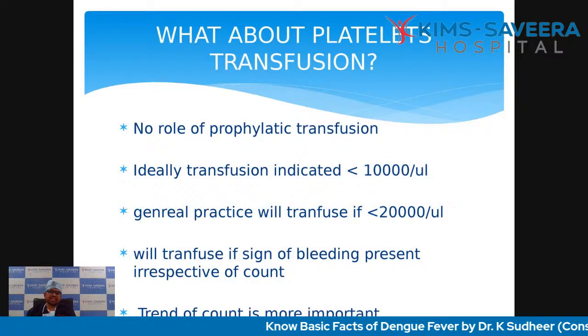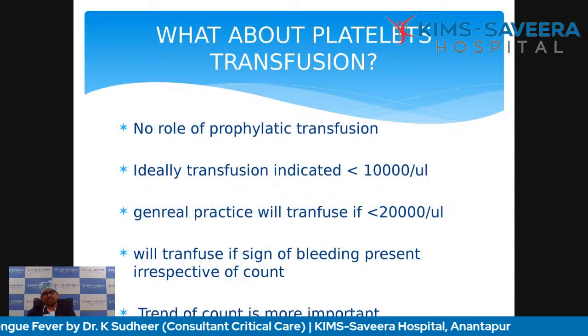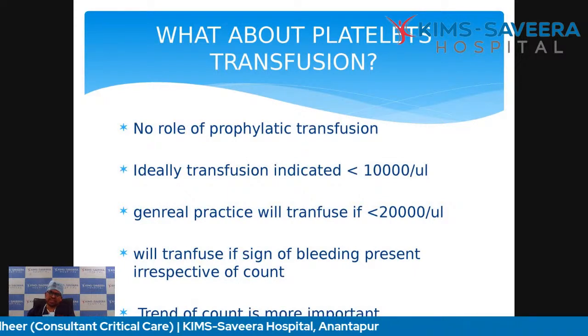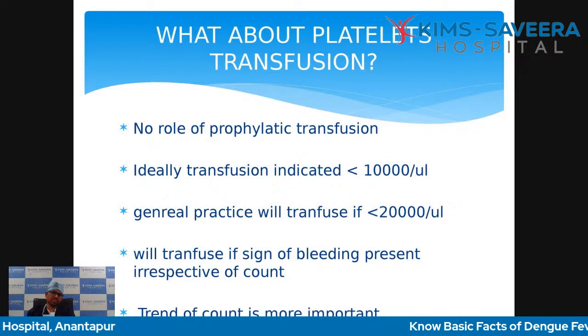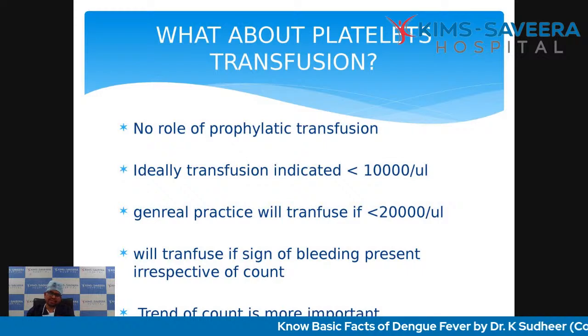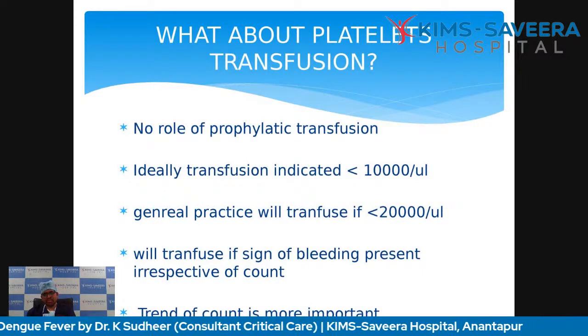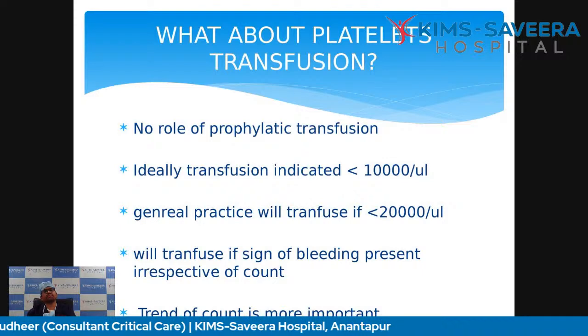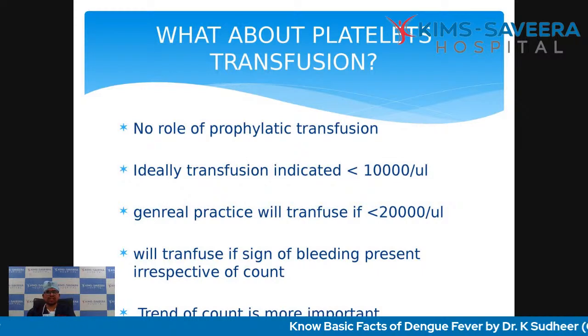See, the trend of platelet count is more important than the individual count. If in the morning the platelet count is, for example, 75,000, and by evening it has drastically come down to 30,000, that is more worrisome than the value of 30,000 itself, because it has come down so rapidly from morning to evening. So the trend of a decreasing count is more dangerous than a single value, and we transfuse only if platelets are less than 10,000 or 20,000, or with any bleeding manifestation.